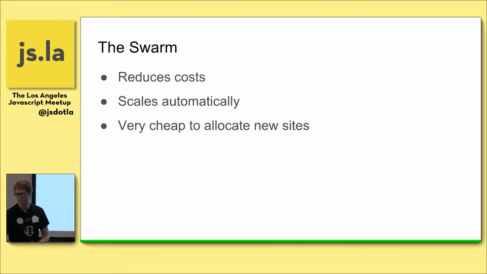The swarm has some really interesting implications for how you build an application. The first thing that's really interesting is it dramatically reduces the cost of bandwidth for somebody that's publishing content on the web. Because the network automatically scales up, the person that publishes the content does not have to shoulder the cost of the bandwidth. And outbound bandwidth is by far one of the most expensive parts of web hosting.